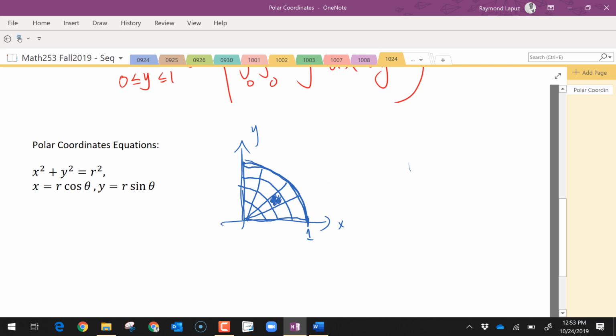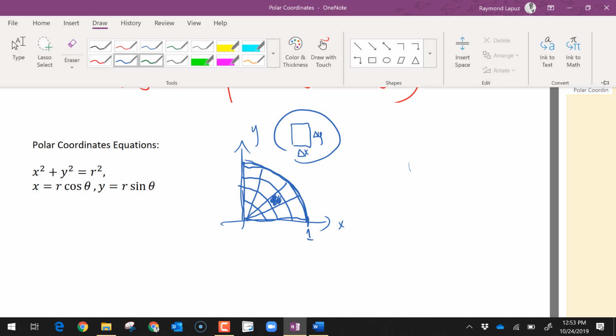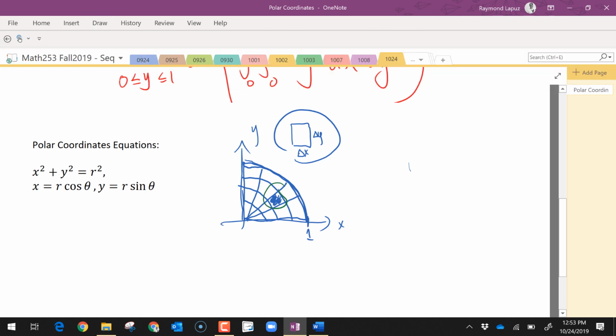Instead of your usual rectangle delta x, delta y business, we want to look at it now with r's and thetas and how things are going to change. So we're going to go past this and take a look at one of these sectors instead.